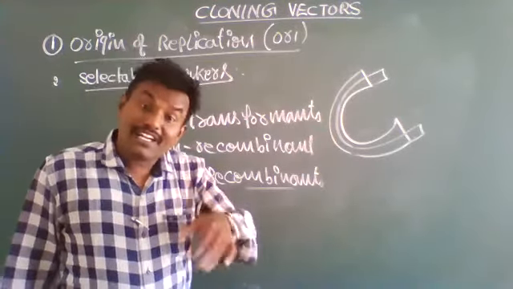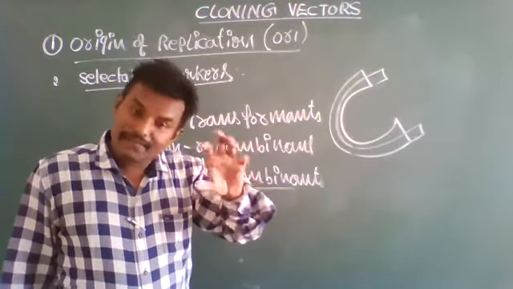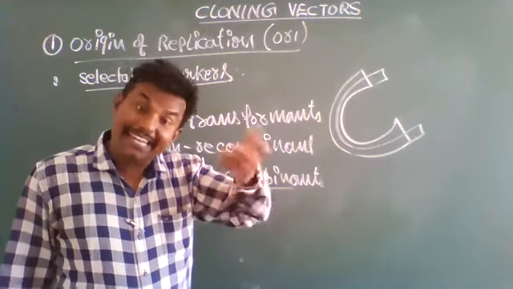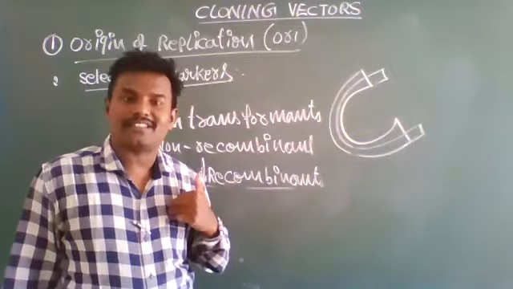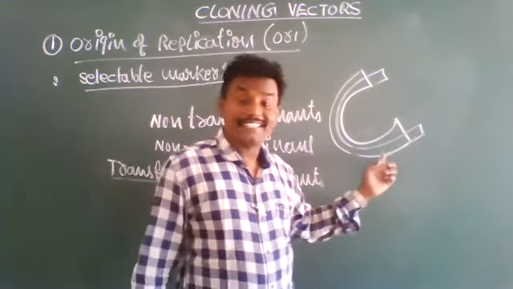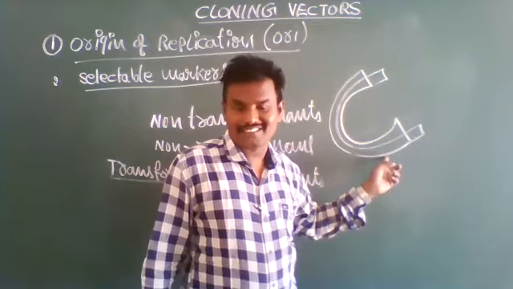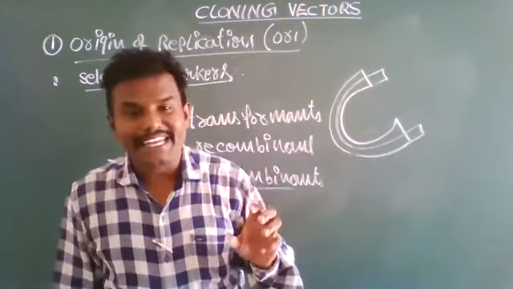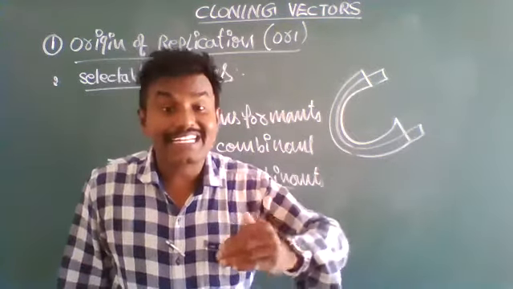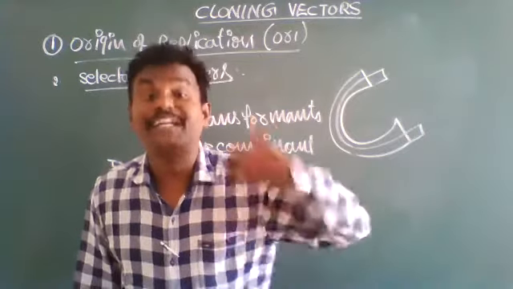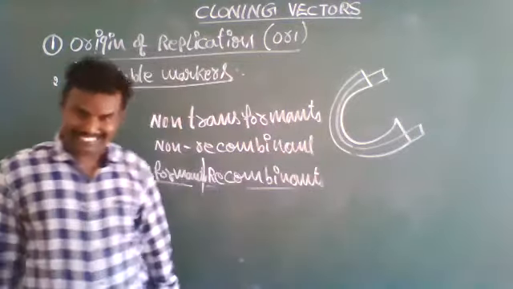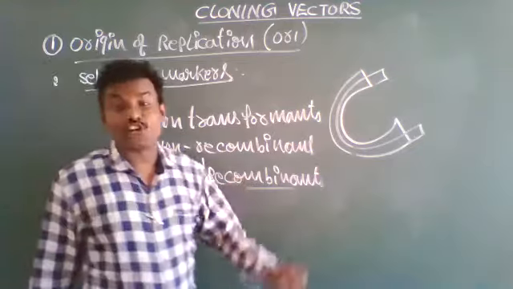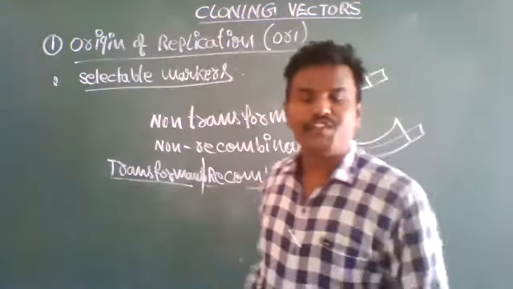Some of the foreign DNA, desired DNA, alien DNA or gene of our interest, is able to combine with vectors and replicate. Such DNA is identified, and the growth of transformants is permitted. Transformants are recombinants.